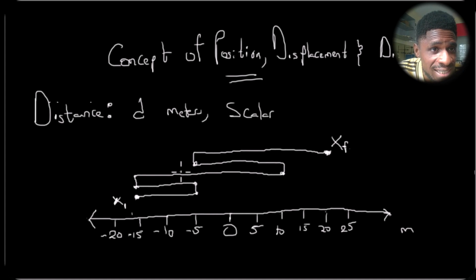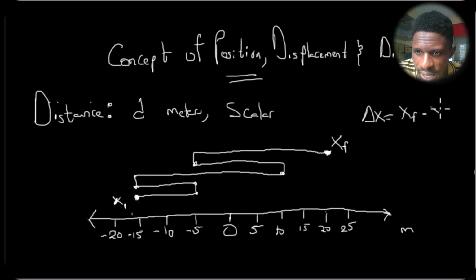So basically where you're starting and where you're ending are the points that you want to be concerned with. As far as displacement is concerned, I only need my initial position, which is here, and then my final position, which is here. So calculating for displacement here, delta x, as always, will be x final minus x initial. So my final position is 20. My initial position is minus 15.